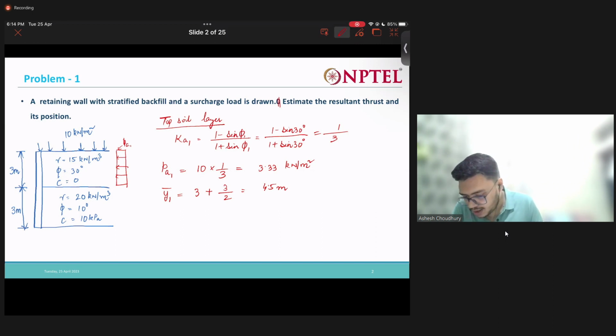Now we have the effect of the surcharge. For the top soil, let us find the effect of the soil mass.